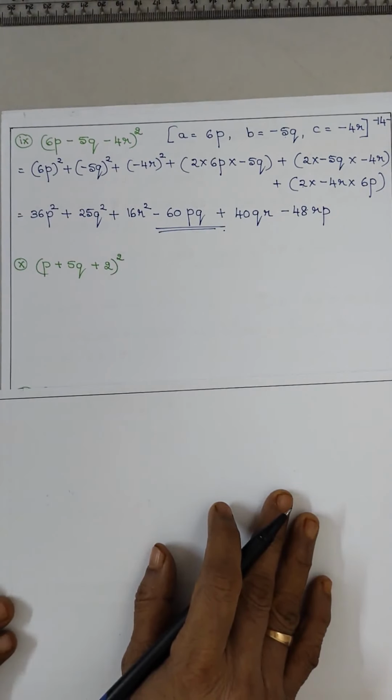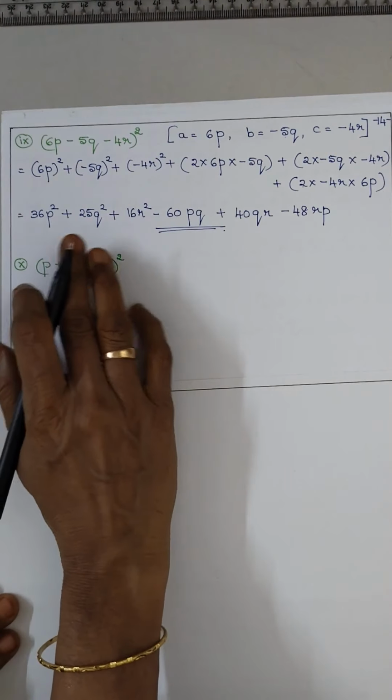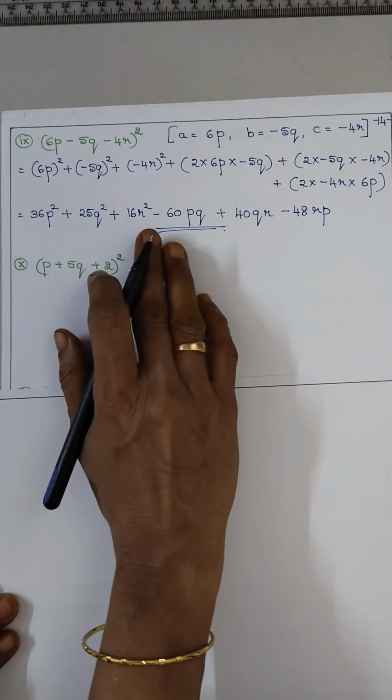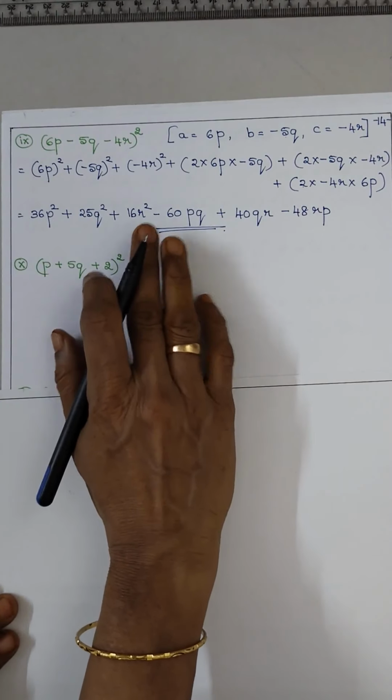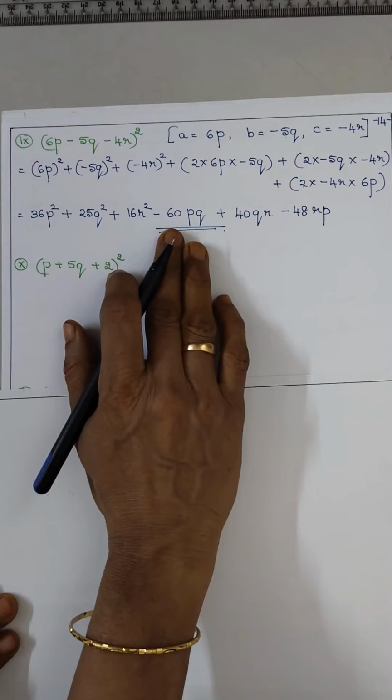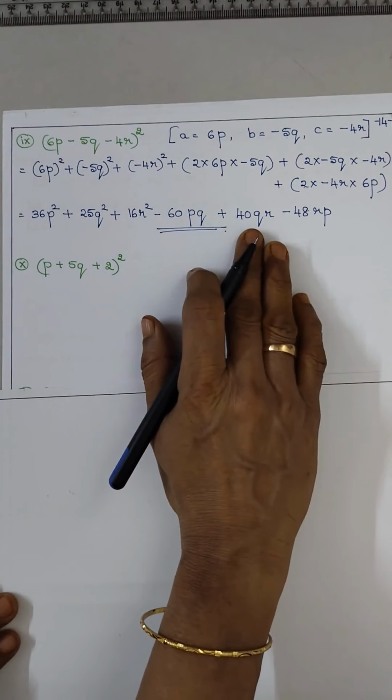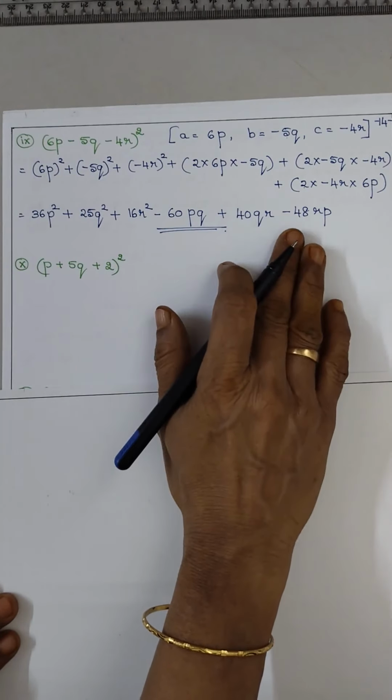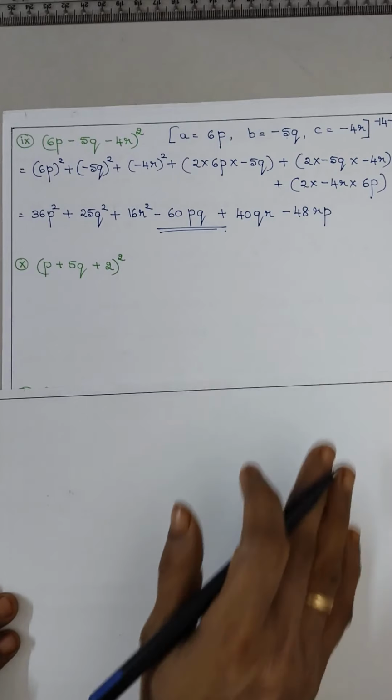Clear? Answer is 36p squared, 25q squared plus 16r squared minus 60pq plus 40qr minus 48rp.